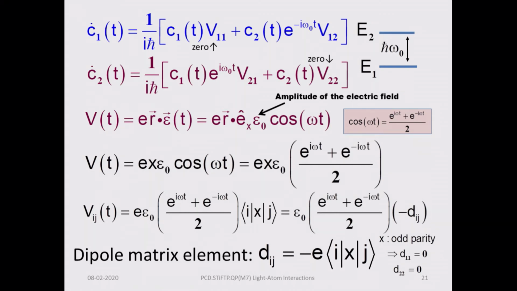So, you have only V12 and V21 to work with, and then you extract the common terms, which are exponential functions, and you have got the matrix element, called the dipole matrix element, which I have denoted here with Dij. So, the operator itself has an odd parity. So, D11 is 0 and D22 is 0, as I mentioned earlier.